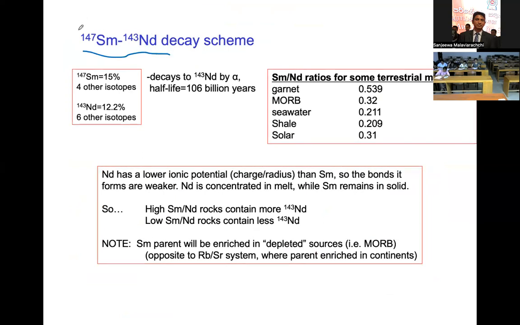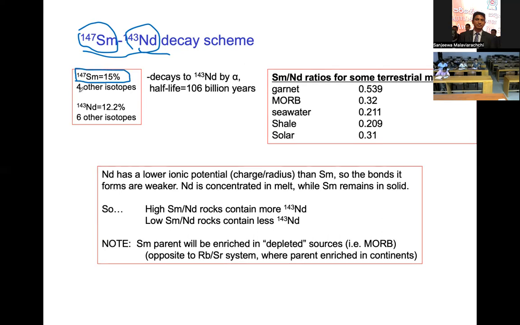There we have two isotopes, this one and this one. So what is the parent? Samarium. Neodymium is the daughter product. So 147 samarium decays to 143 neodymium. If you consider the isotopic abundance of 147 samarium, it's about 15%, right?